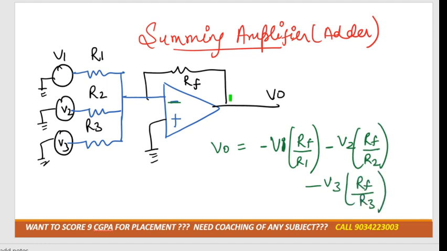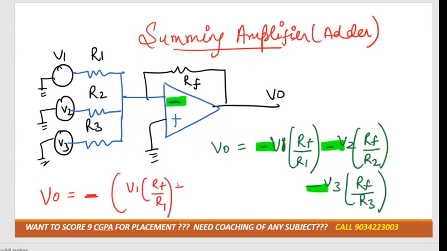So this is the final output. Why is it negative? Because we have connected with the negative terminal, so every time it is basically negative. Or we can write it like this also, V0 is equal to negative of V1 RF by R1 plus V2 RF by R2 plus V3 RF by R3.